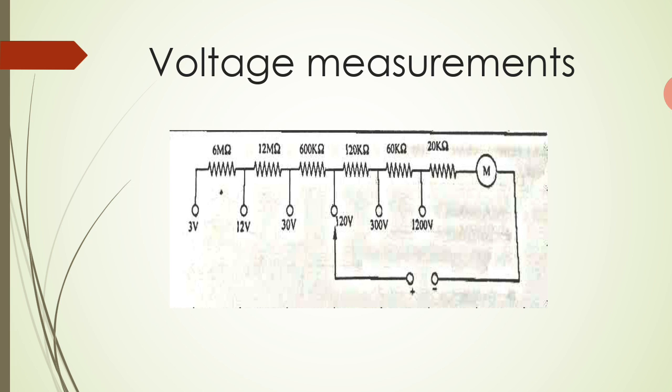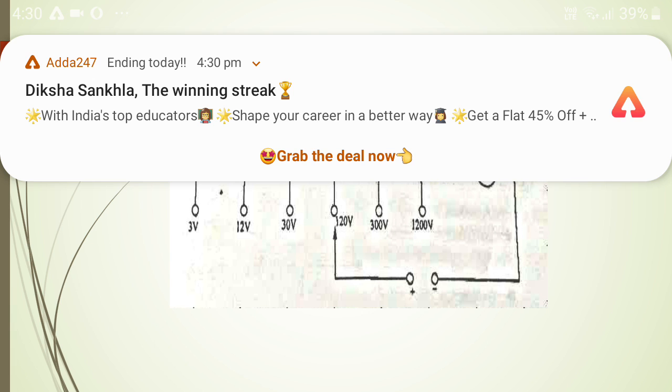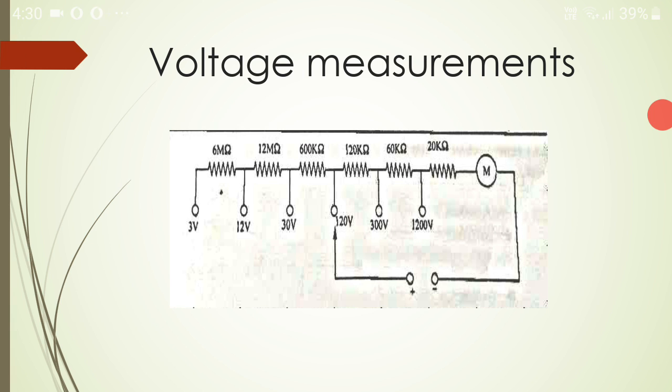This circuit is so arranged that the meter deflects full scale with 3 volt applied to it, and with the range switch in 12 volt, an input of 12 volt is required to cause full scale deflection.